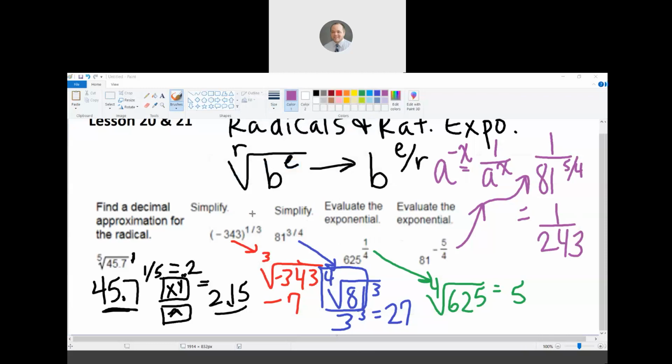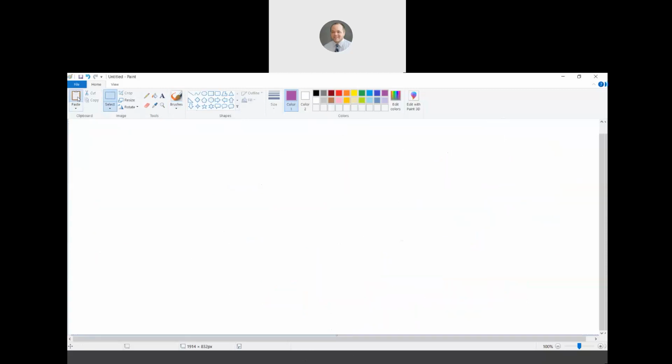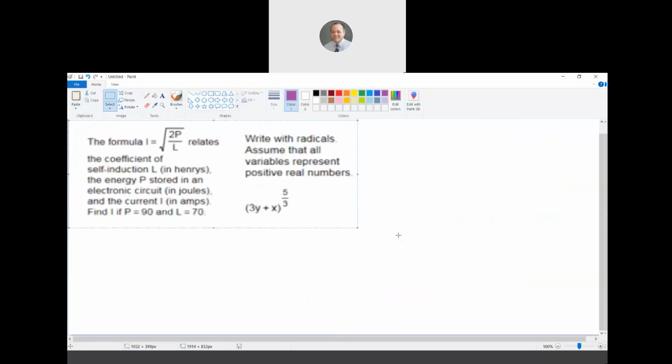We have an application problem and also a question where we have to convert a radical into a rational exponent. Let's do the second one first. That will take the least amount of time. Write with radicals. Assume that all variables represent positive real numbers.